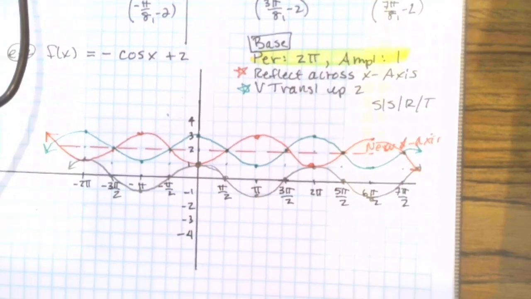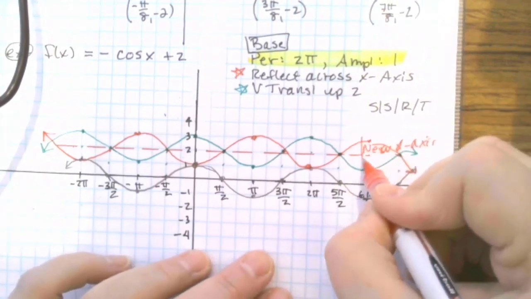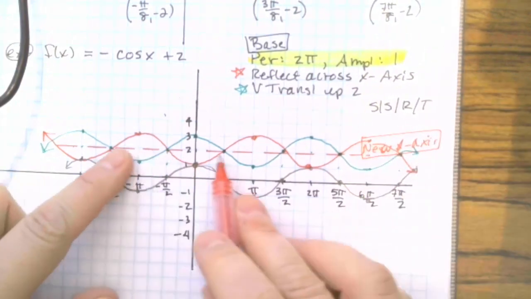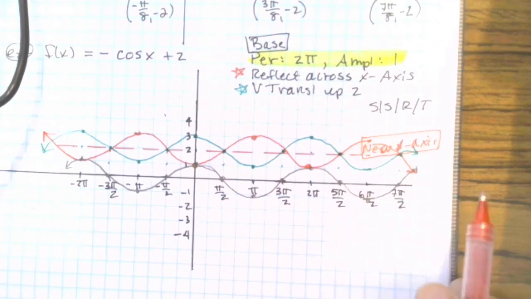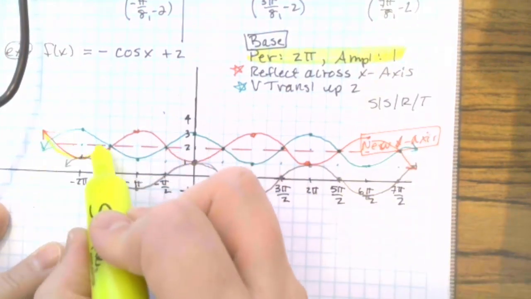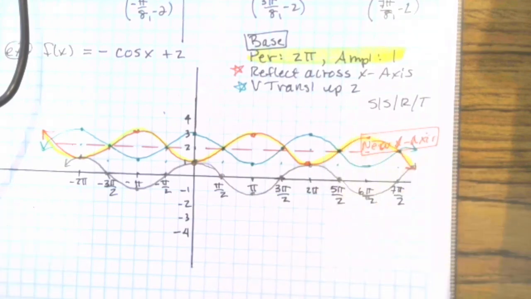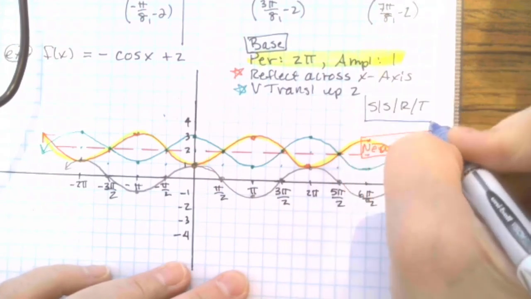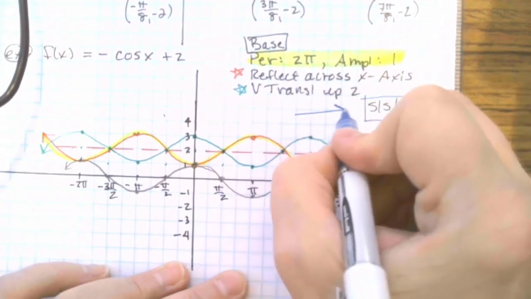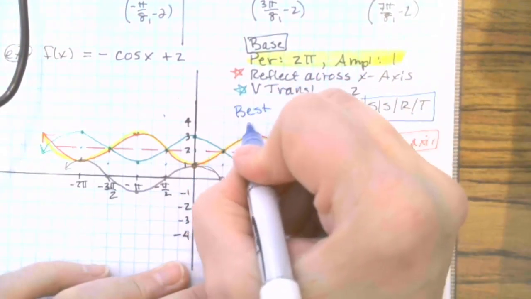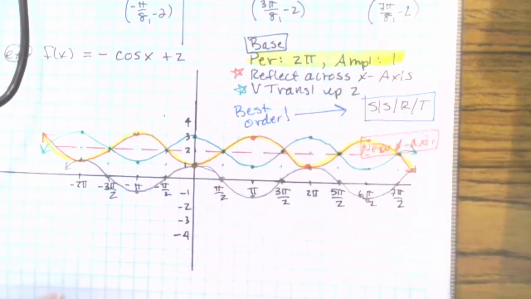So that's what you have to do if you accidentally vertically translate before you reflect: you've got to find a new x-axis, where would the new one be, and then flip it across that. So I'm going to highlight here which is the final curve, because sometimes these drawings get a bit messy. Okay, so I wanted to show you how to fix it if you don't go in this order, but this is the best order for you to go in.